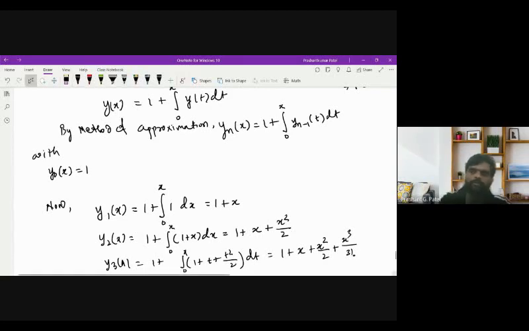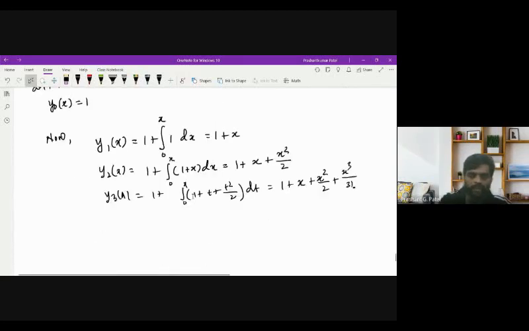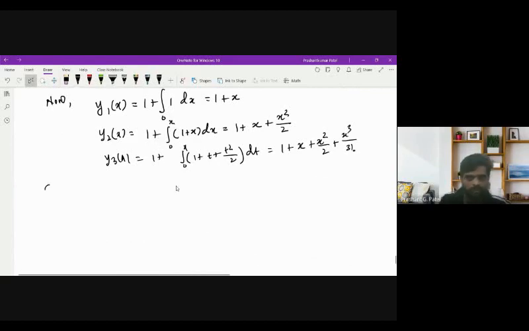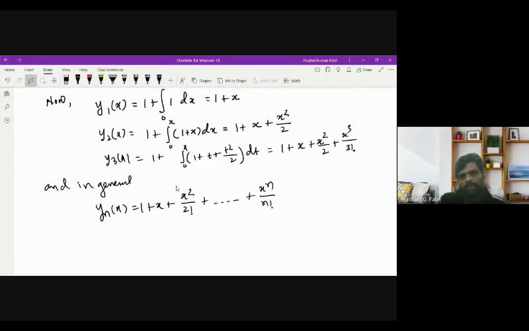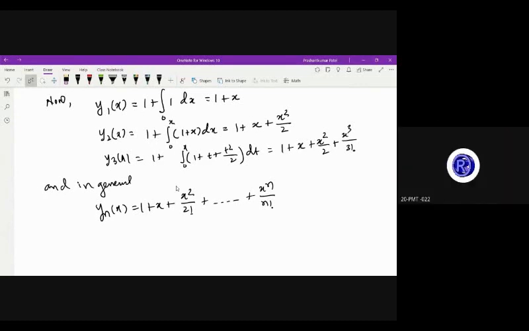And in general, if we go further, we'll have yn of x is 1 plus x plus x square by 2 factorial up to so on, x raised to n upon n factorial.